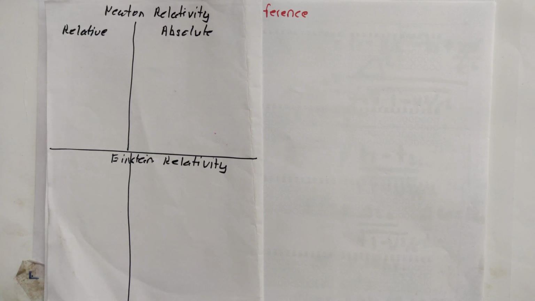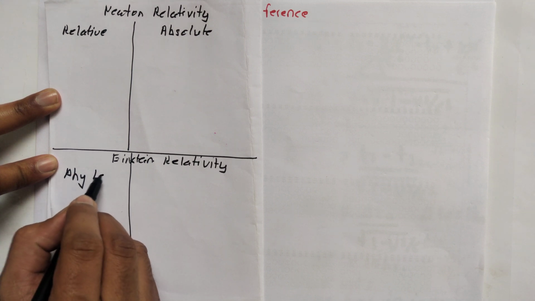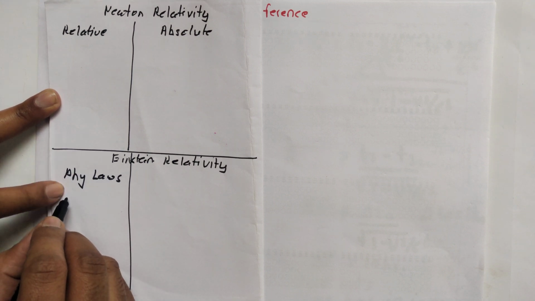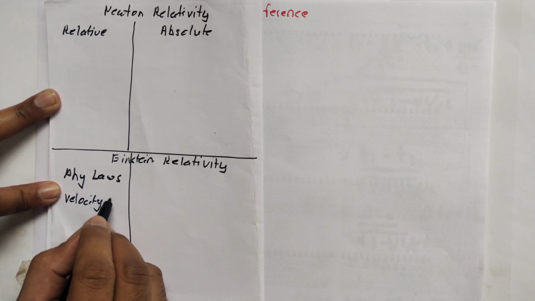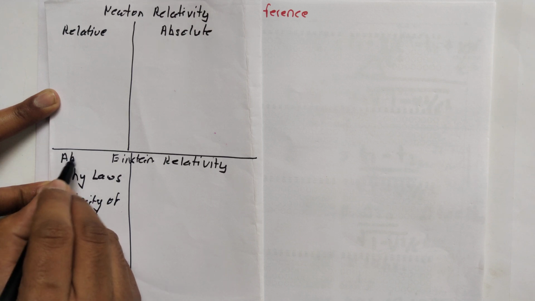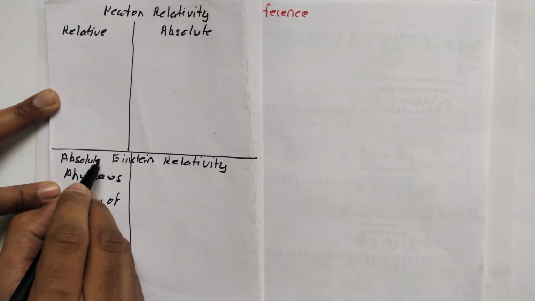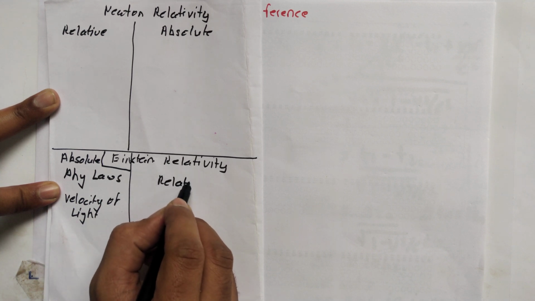According to these two principles of special theory of relativity, only physical laws and velocity of light are absolute. Only these two things are absolute, whereas all the other things are relative.